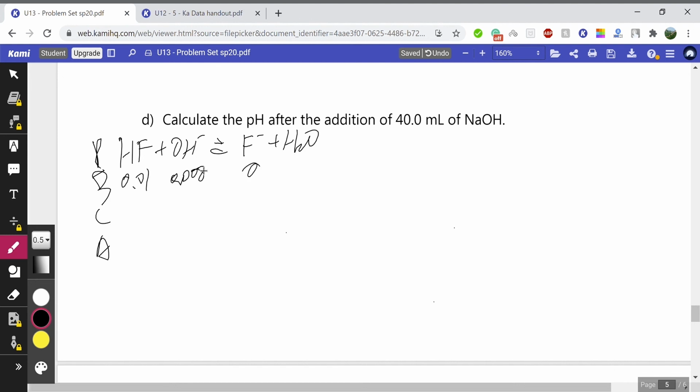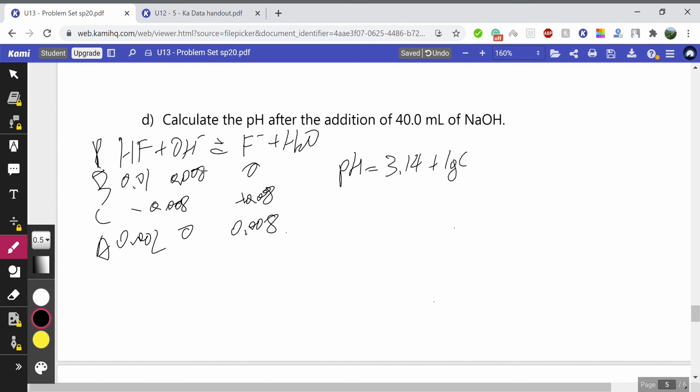So 0 over here, minus 0.008 on both sides is going to be 0 and 0.002, and plus 0.008 will be 0.008. So pH is equal to pKa, which is 3.14, plus the log of, on the top, the conjugate base, which is 0.008, and on the bottom, the acid, which is 0.002. So 3.14 plus the log of 0.008 on top divided by 0.002 on the bottom gives you a pH of 3.74.